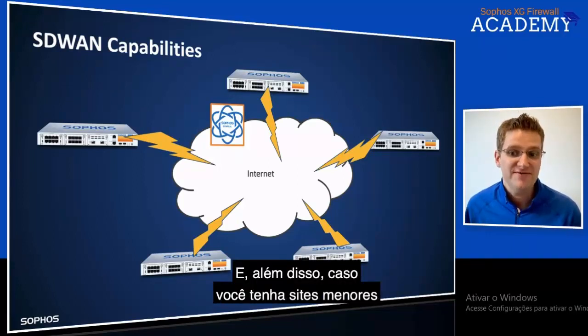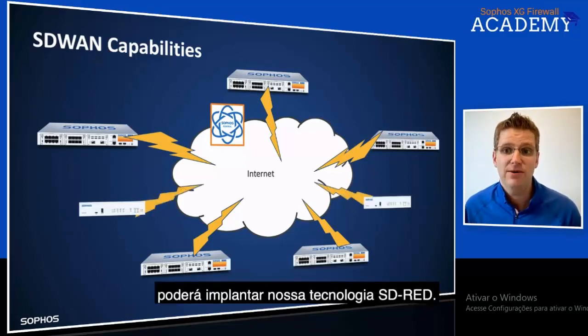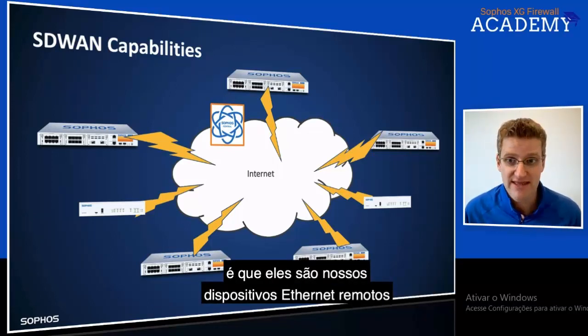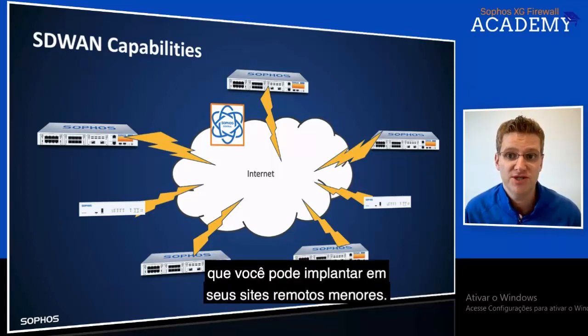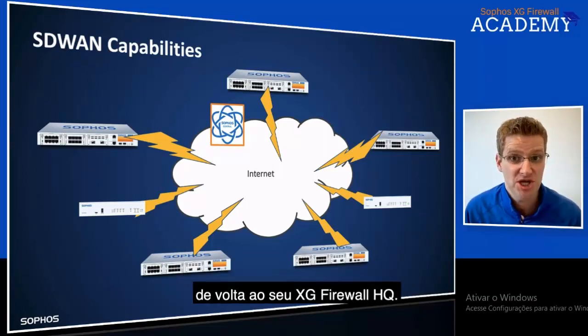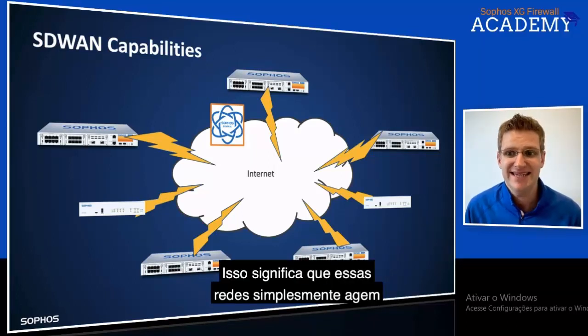And furthermore, if you have smaller sites that don't have such a large infrastructure, you can deploy our SD-RED technology. And our SD-REDs, the best way to explain them is they are our remote Ethernet devices, and they're small plug-and-play VPN boxes that you can deploy to your smaller remote sites. They automatically establish a layer 2 VPN back to your HQ XG Firewall, and it means that those networks simply act as an extension of the networks on that central site.